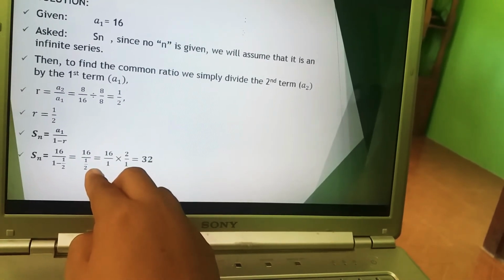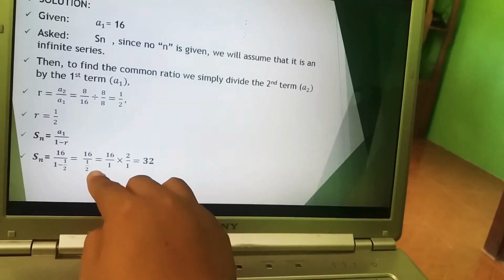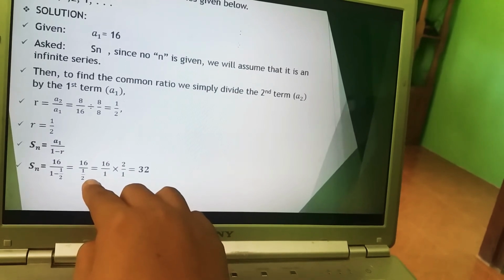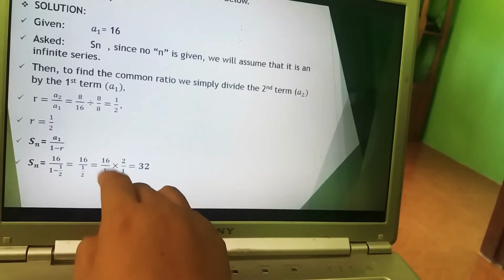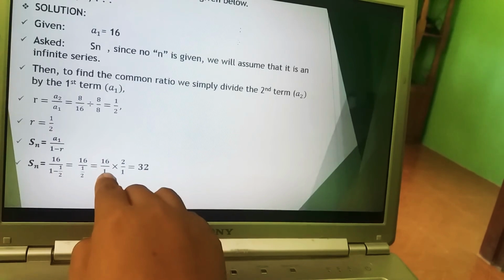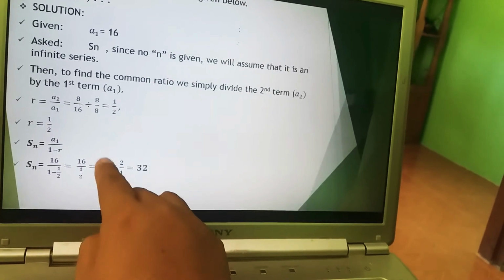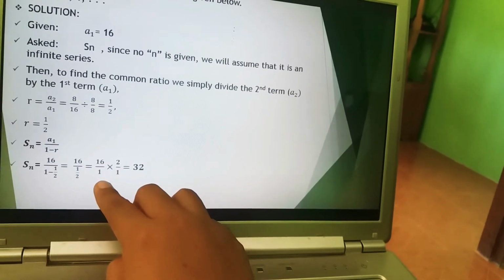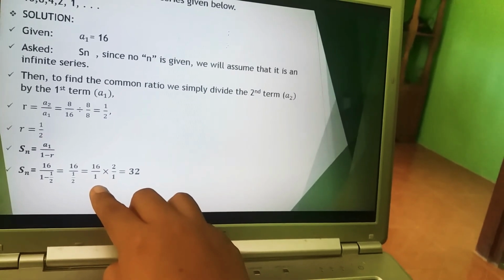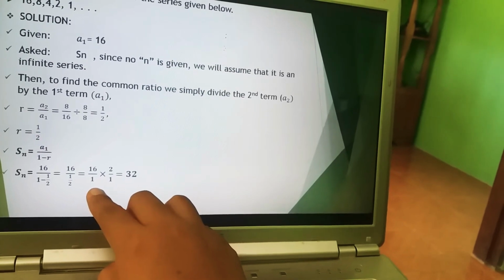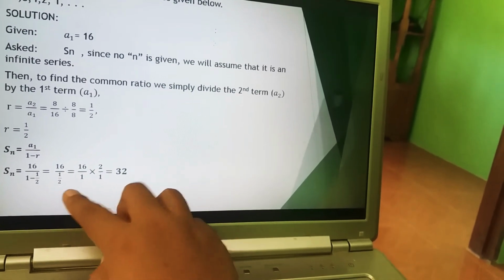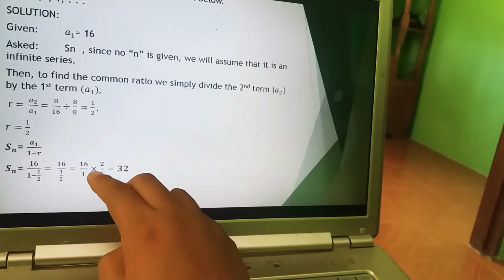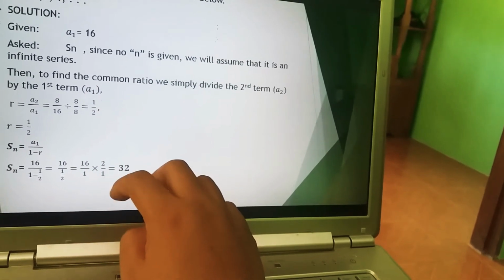So how are we going to divide a whole number by a fraction? By simply making your whole number as a fraction. So we will have 16 over 1, and we are going to multiply it by the reciprocal. When we say reciprocal of 1 half, ibig sabihin babaliktarin natin siya, we will flip it, then we will have 2 over 1.